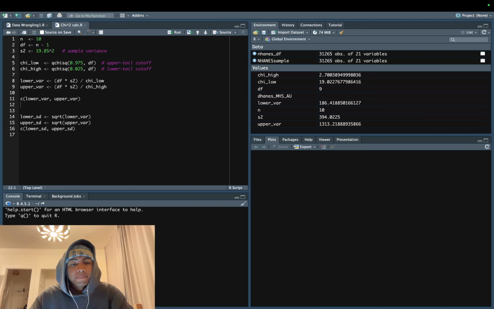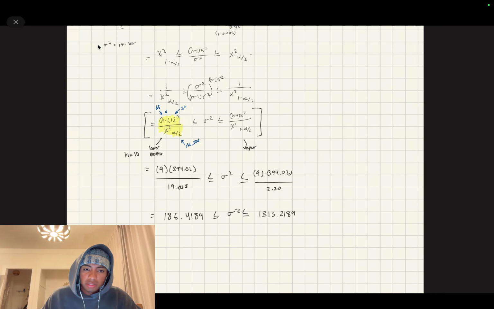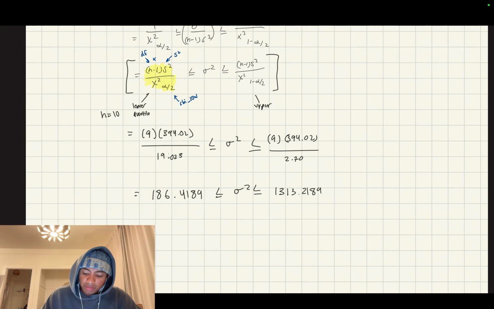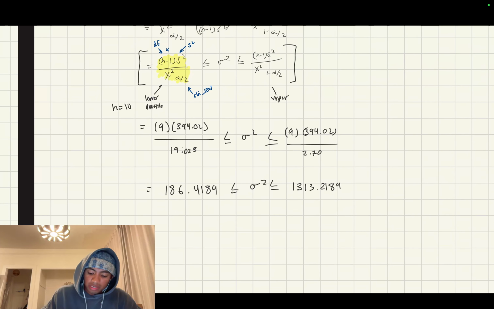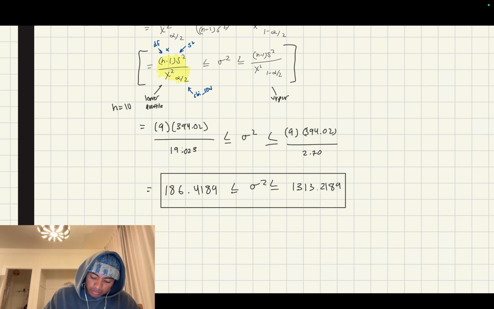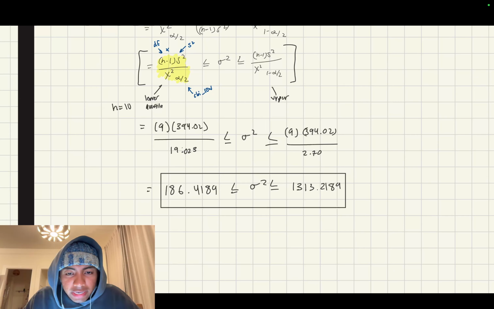While we're here, let's get these out for our lower standard deviation. Well, we'll do that in a second, actually. Back to reality. So now we've got our 95% confidence interval, written out in algebraic form.